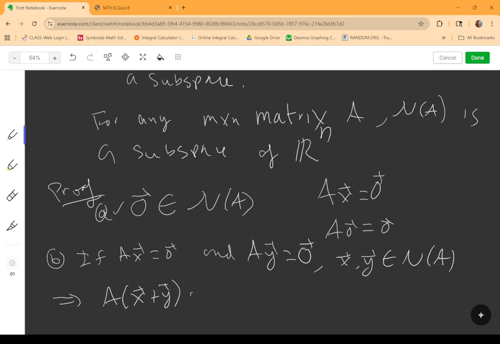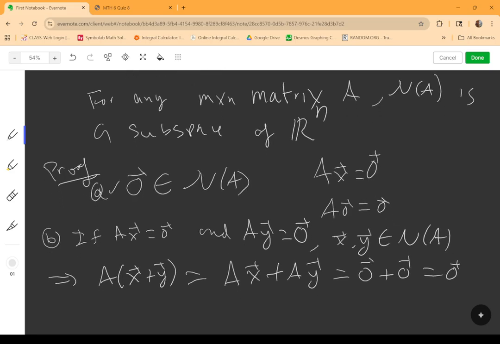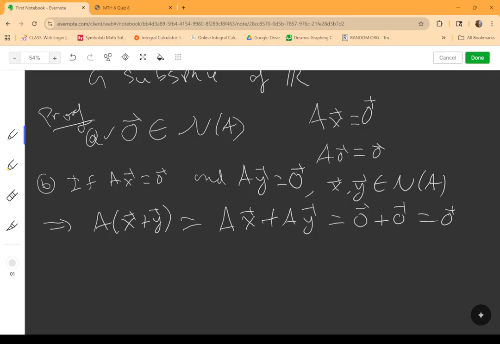Using properties of matrices, I can distribute, and each of those is the zero vector, which equals the zero vector. So we know it is closed under vector addition.